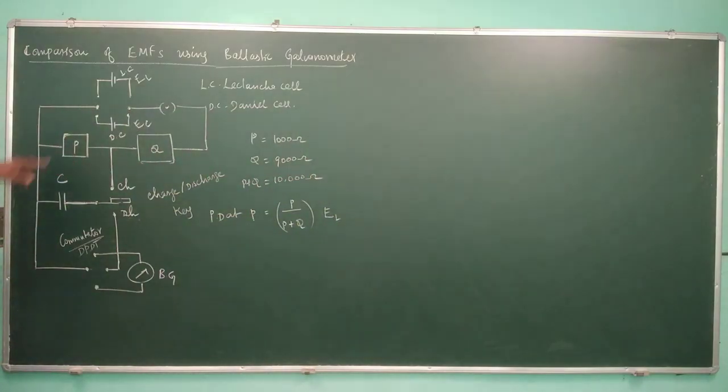Now the potential difference is applied across the capacitor if the charge discharge key is enabled for charging.